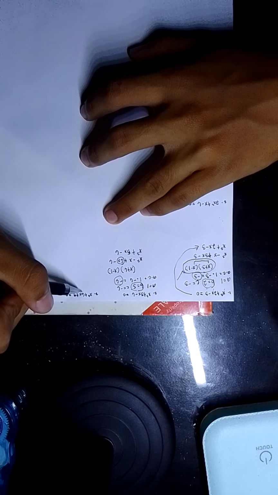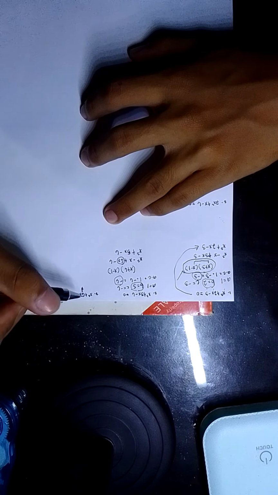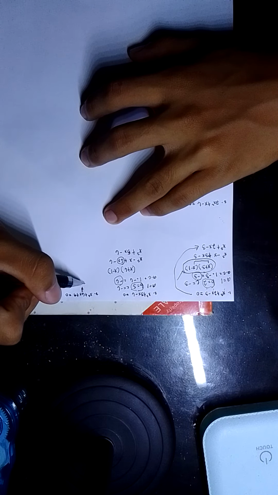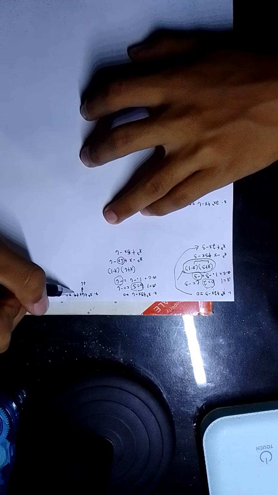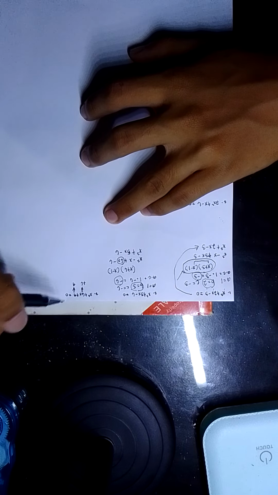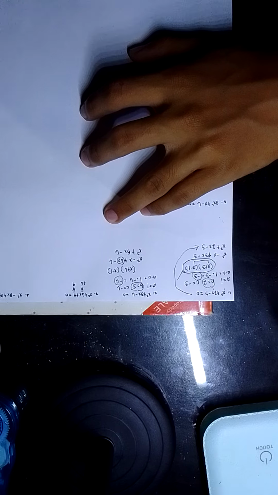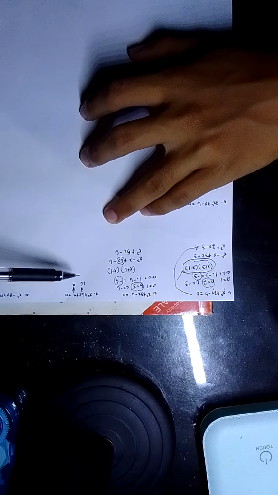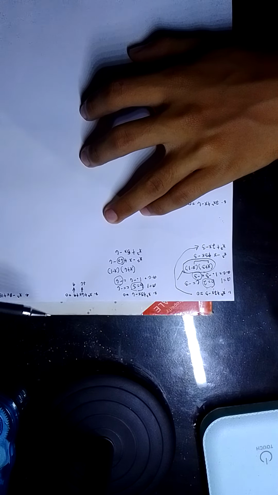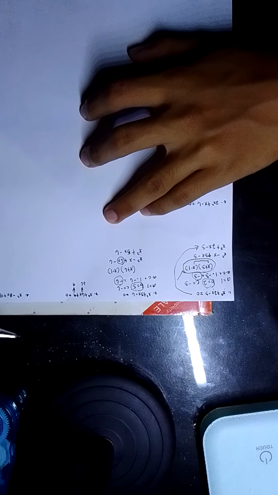Just think of a number that if you're going to add, the answer is positive 6, and if you're going to multiply them, the answer is 9. So easy. Just think of two numbers that if you're going to add them, the answer is positive 6, and if you're going to multiply them, the answer is positive 9.